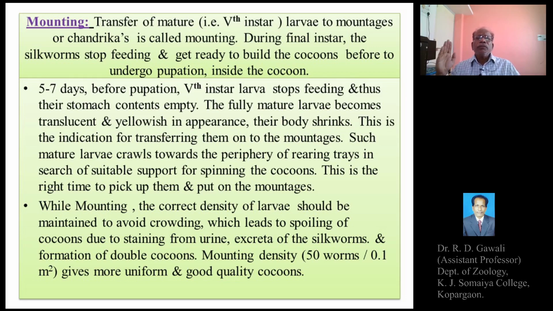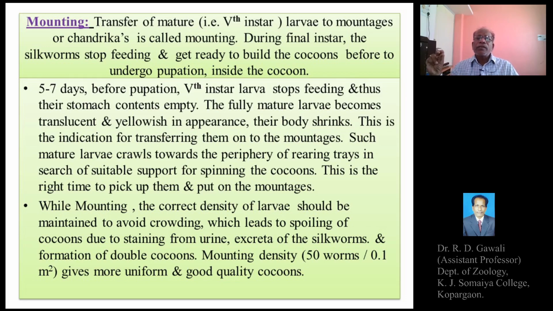Usually 5 to 7 days before pupation, the fifth instar larva stops feeding and thus its stomach contents become empty. The fully mature larva becomes translucent or transparent and yellowish in appearance.